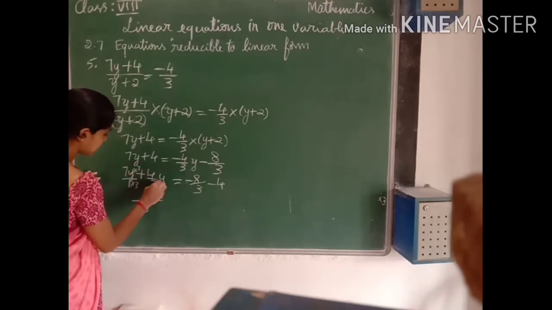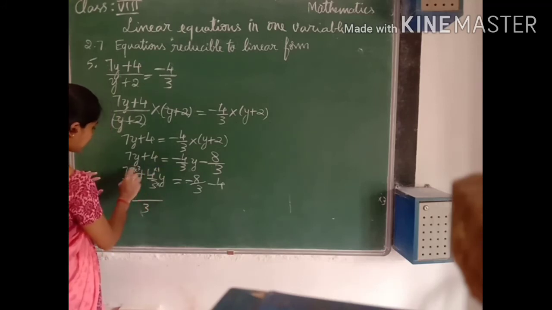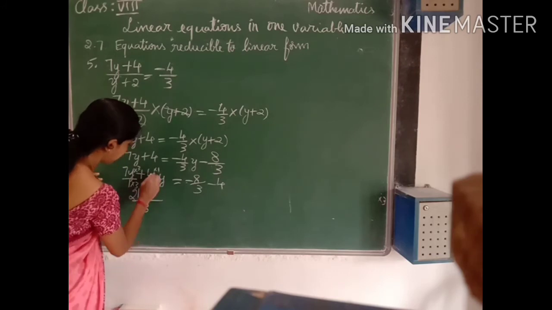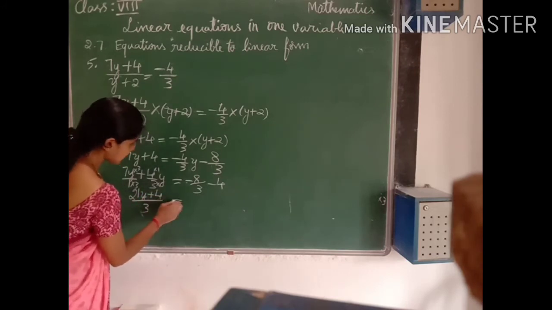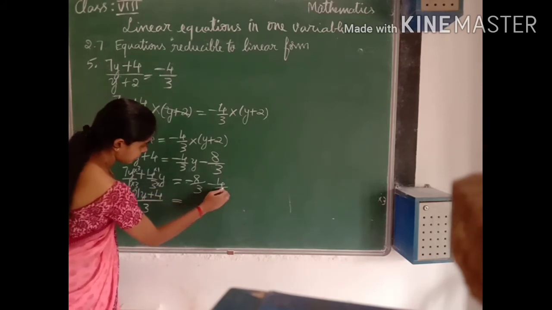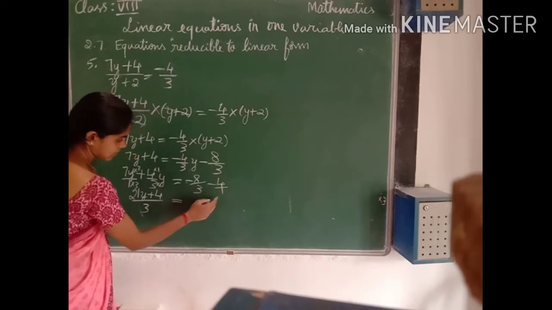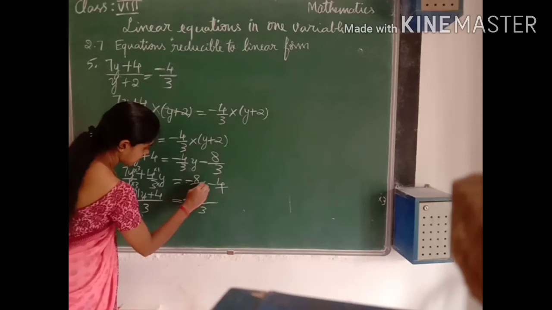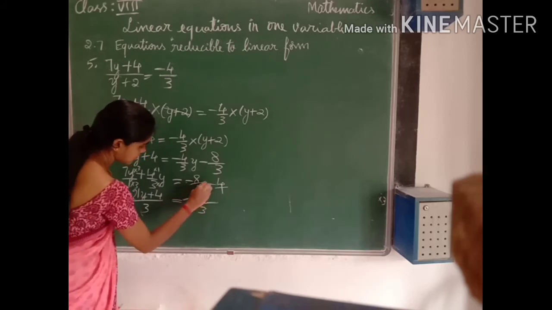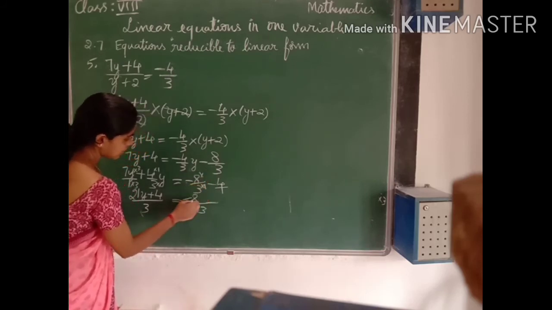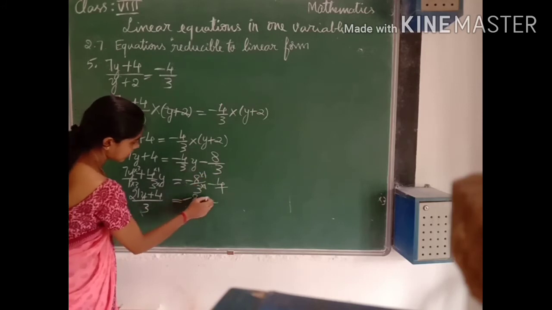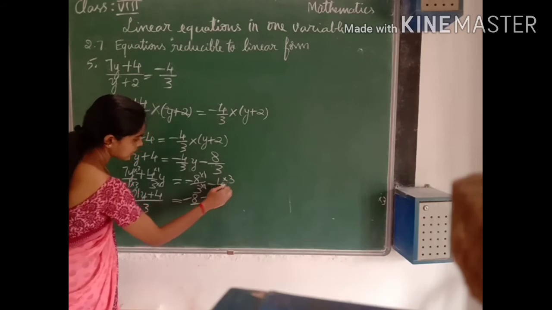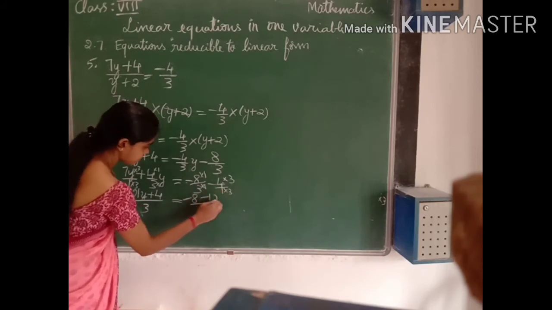Then here 7 3s are 21y plus 4 1s are 4, divided by 3. That is equal to, here what is the LCM? LCM of 1 and 3 is 3. Minus 8 into 1 is minus 8, minus 4 3s are 12.